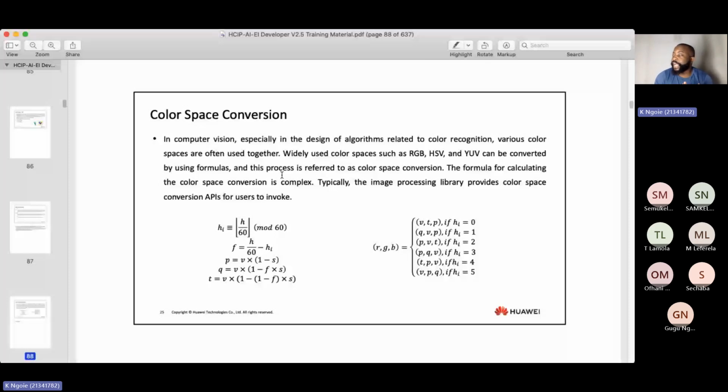Human eyes can adapt to the lights, the brightness, things like that. If you're looking at a certain car, even if it's parked in the shadow, you can easily say the color of the car. You understand? So when you look at the RGB model, it's going to get lost if there's different lighting.